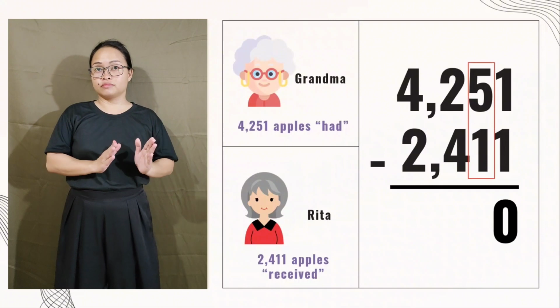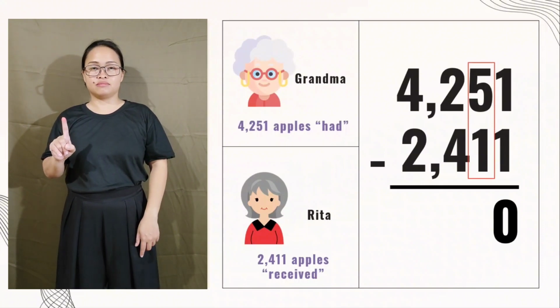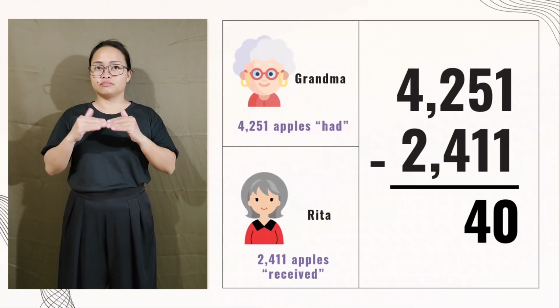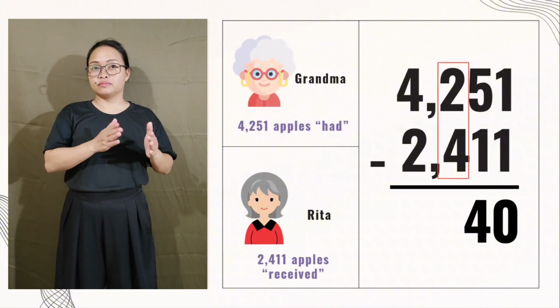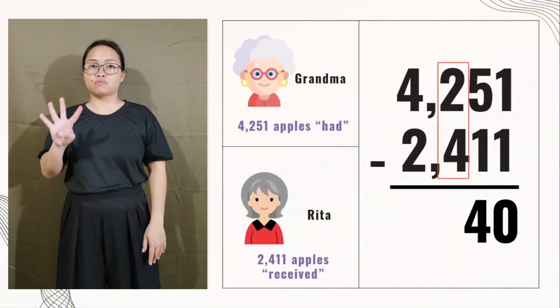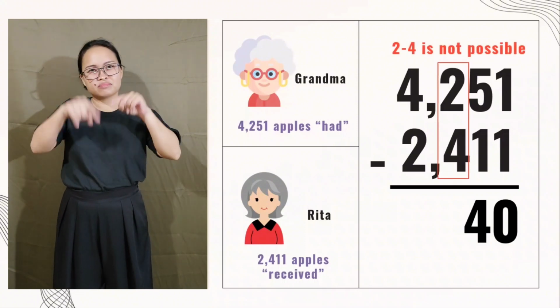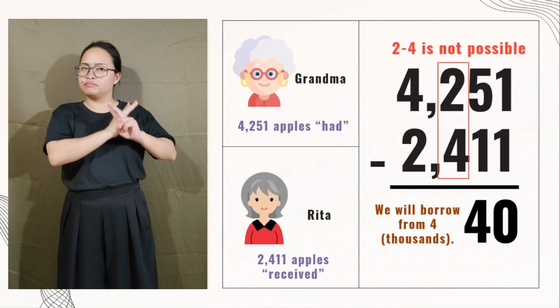Next, 5 minus 1, let's take away 1 from 5, that would be 4. Then, 2 minus 4, 2 minus 4 is not possible since 2 is lesser than 4, so we need to borrow from the thousands place.